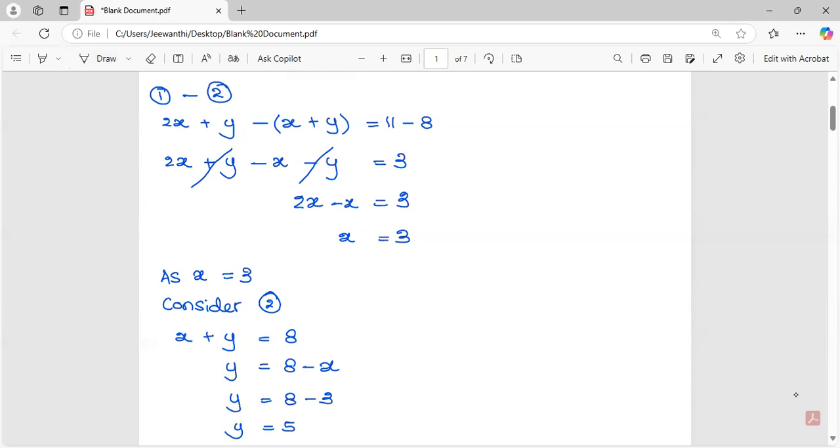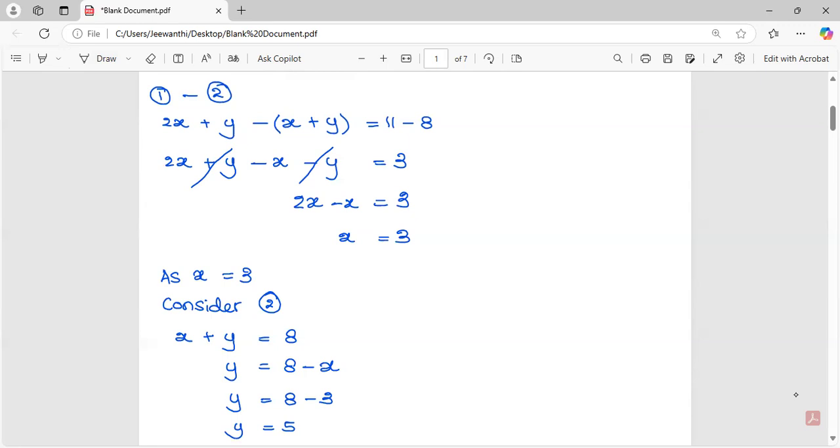Next step, you solve the bracket. If you have a negative sign in front of the bracket, negative times x, negative times y, negative y. Once you solve the bracket, you can see you have positive y and negative y, which you can cancel.